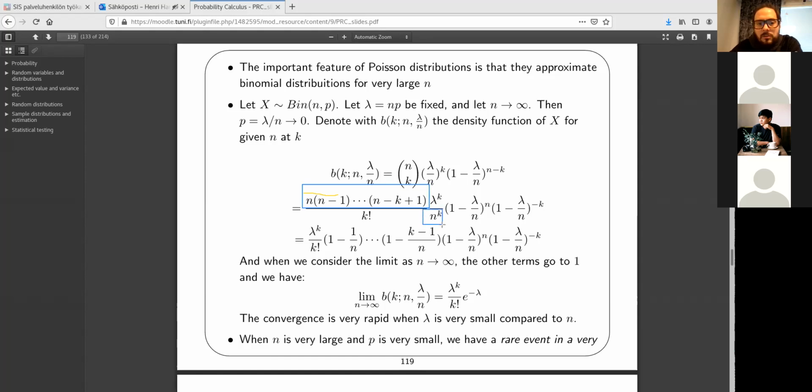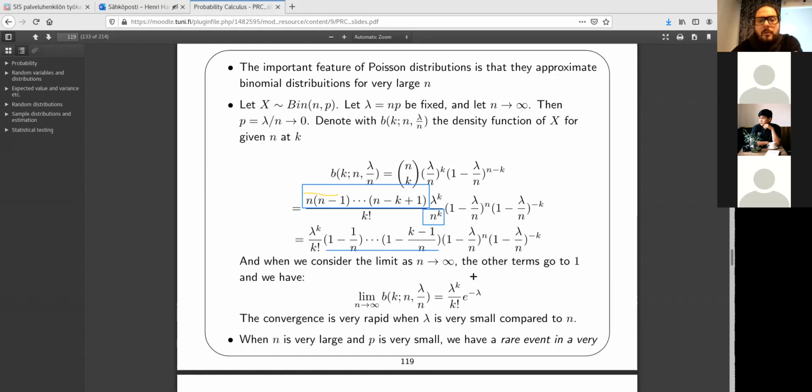We take this n to the power of k and divide each of these terms with n, and take the product there, separately. So what happens is that we get these terms here.